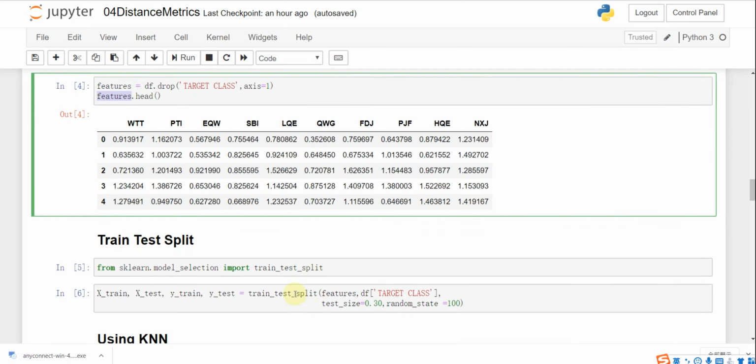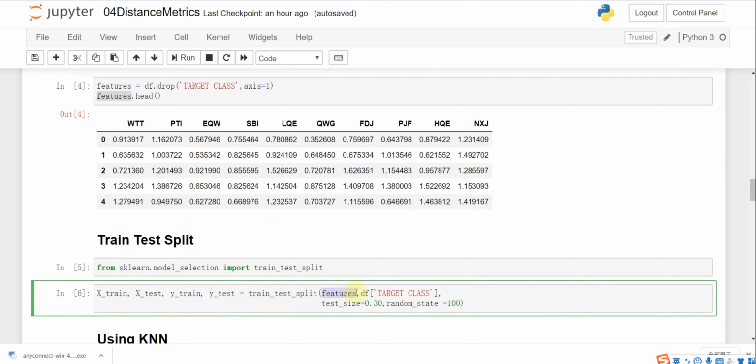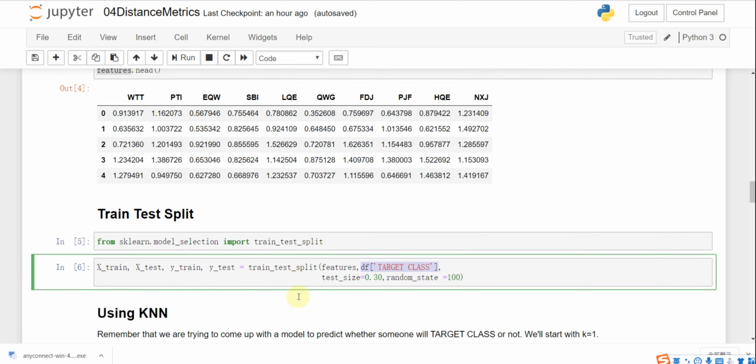After that, we want to do a train and test split. We are splitting all the features into the training set and the testing set. And for the target class column, we are also splitting that into the training labels and the testing labels. So they're X train, Y train, X test, Y test.